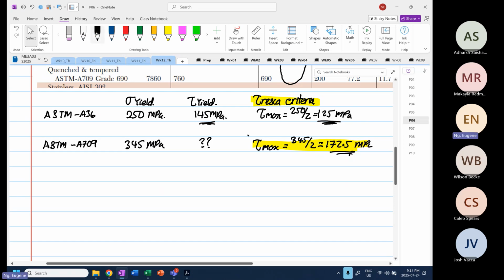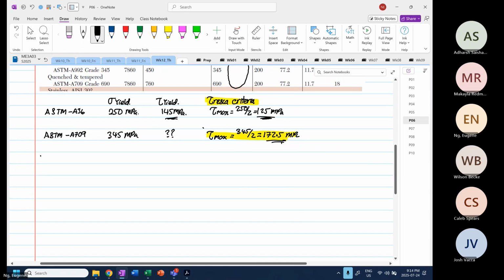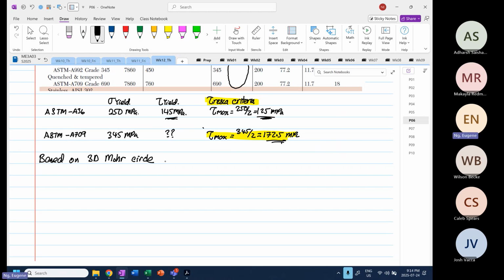Based on the 3D Mohr circle and structure analysis, we know that the maximum shear stress is equal to stress max divided by 2.